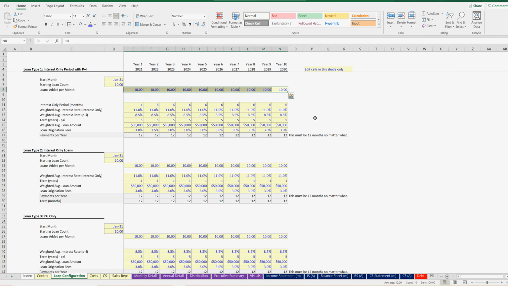And then based on some average interest rate and the average terms of the loans that they're doing and the average amount they're doing over time per loan, all of this can populate and tell you how much cash you're going to need to give those out, the amount of principal that you should be getting repaid and when, any origination fees earned, and I don't know if I said that, principal paid back.